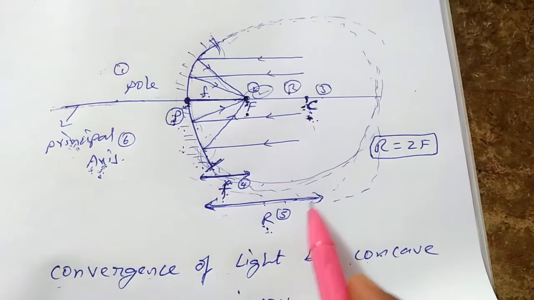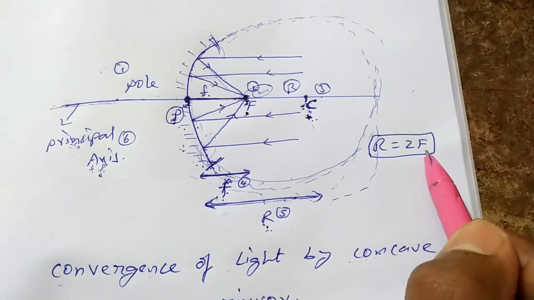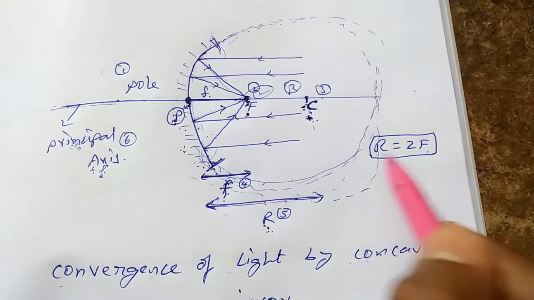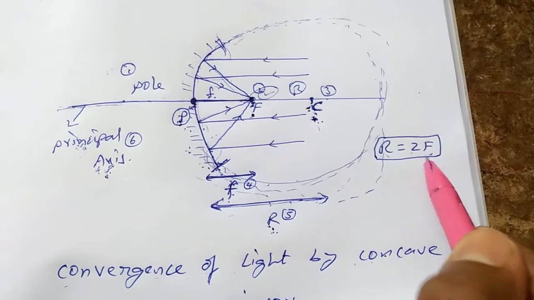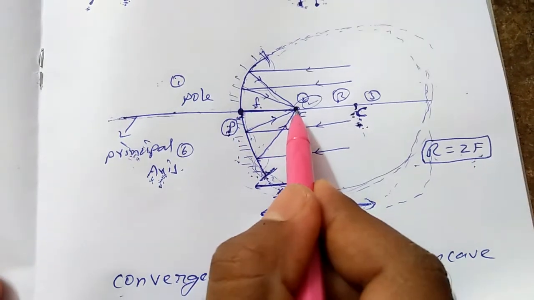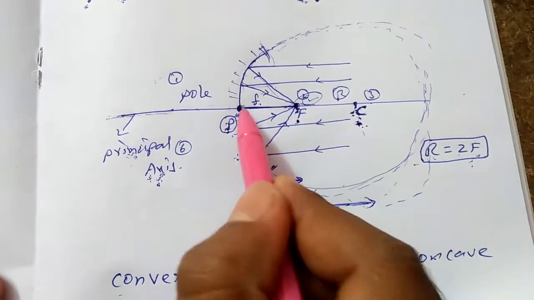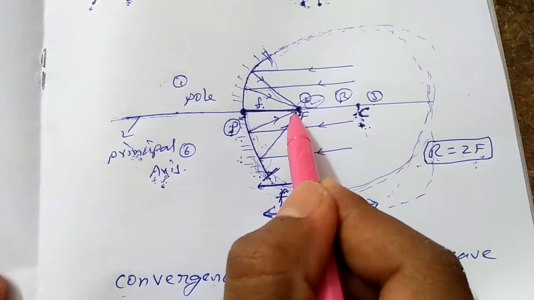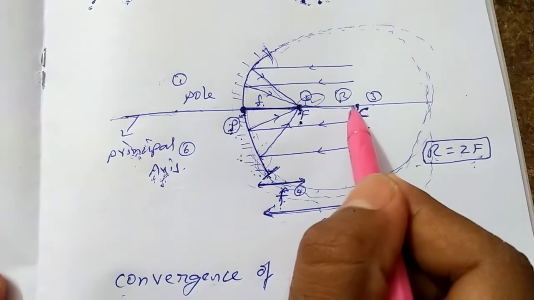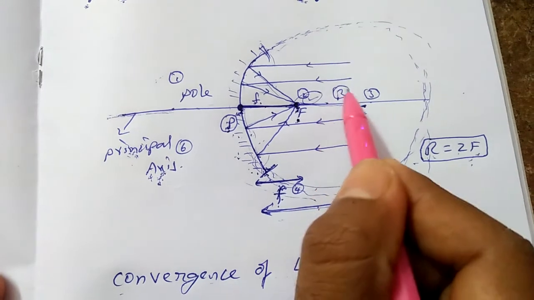There is a relation between radius of curvature and focal length, that is capital R equals 2f. How can we get this one? That means the distance from here to here is always equal to the distance from here to here. From here to here is f, then from here to here is also f. So f plus f equals 2f.